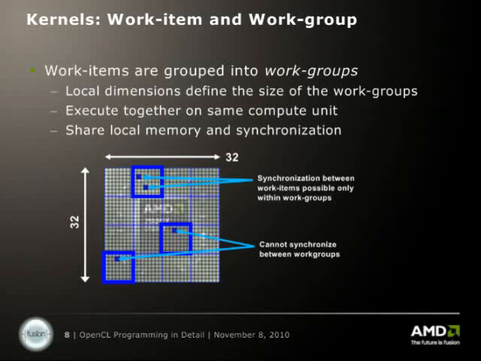The work items within a work group are executed together on the same compute unit, they have access to the same shared local memory, and they have the ability to be synchronized. In contrast, work items or threads that are executed within different work groups are not going to be synchronized. So you don't have an ability to synchronize across work groups.